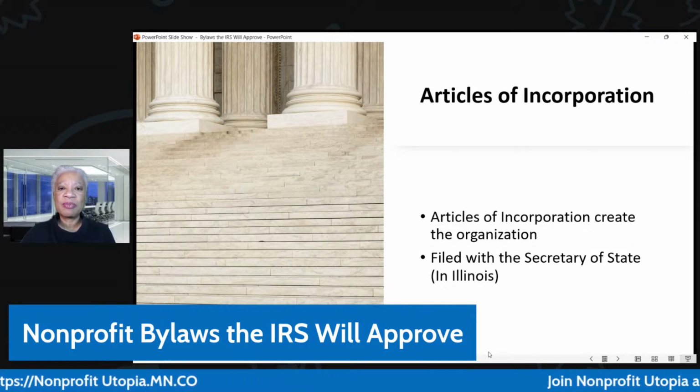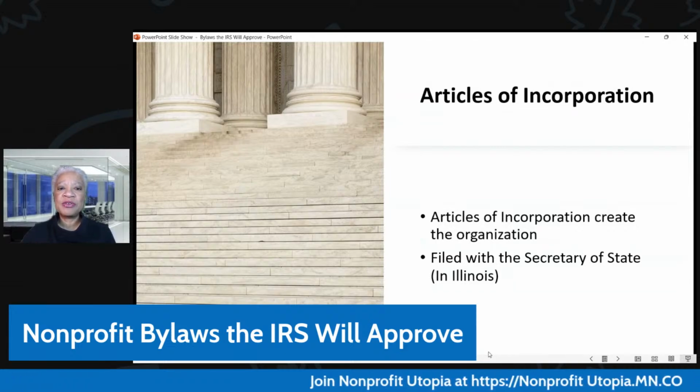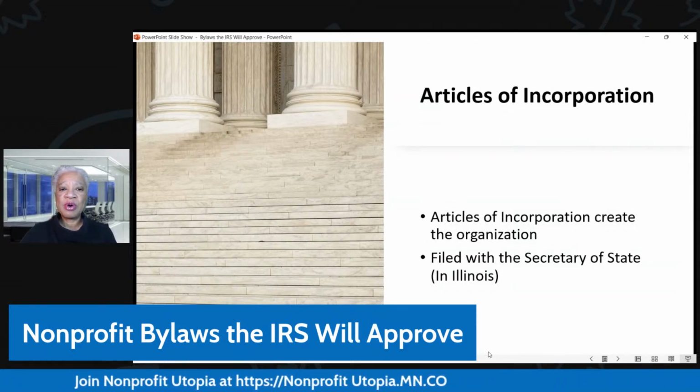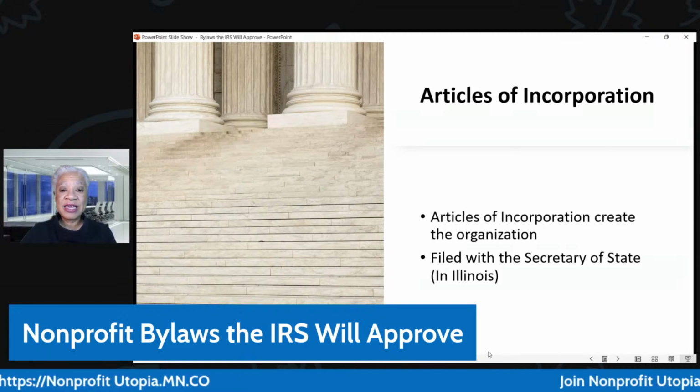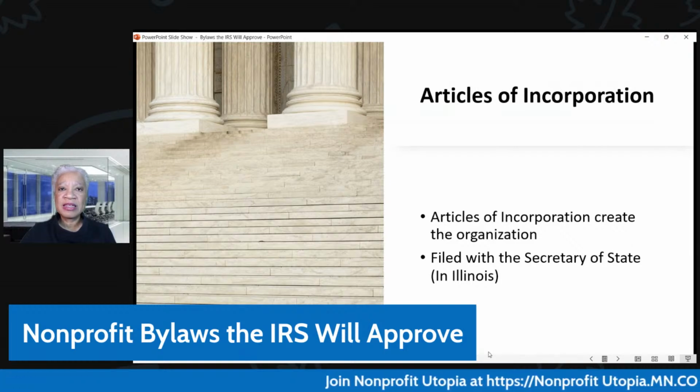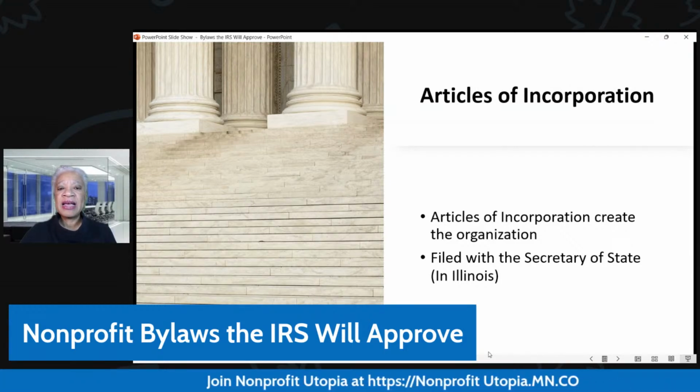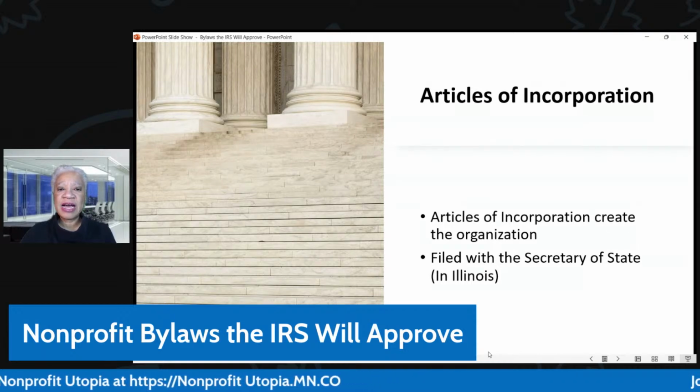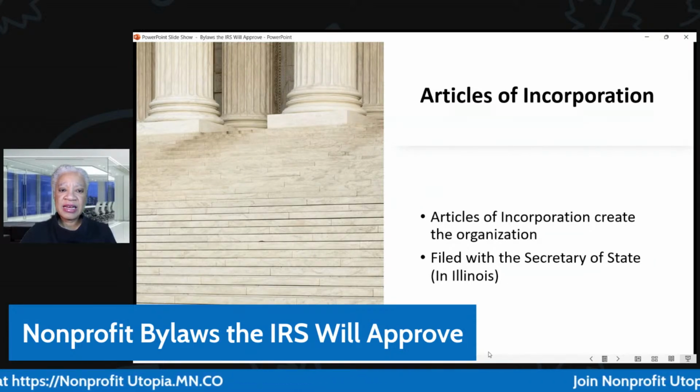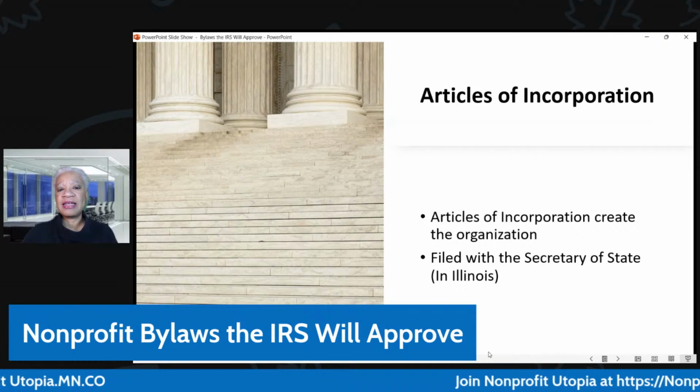The Articles of Incorporation are the documents that you file with your state to let them know that you are an organized entity. This does not give you tax exempt status, but it's very important that from the beginning you begin to utilize the language of the IRS, the language that indicates that you are a tax exempt organization.